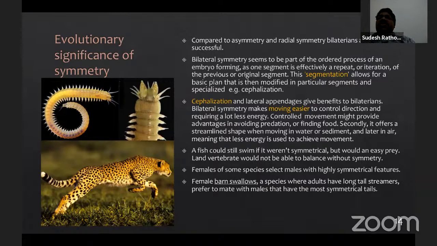Cephalization is also possible for highly moving organisms. For example, in the cheetah, the head is highly defined, and because the head is highly developed, cephalization is advanced, and because of this, the animal can move faster. Limbs also help in bilateral symmetry. Next slide.